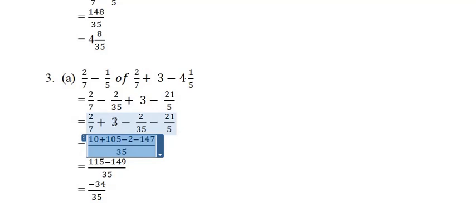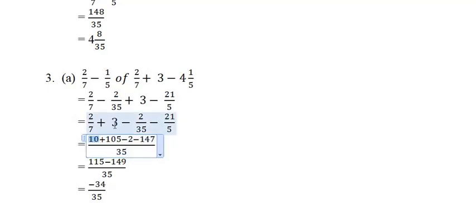Always remember that this 3 has an invisible 1 as a denominator. So you will take out the LCM of all these: 7, 1 which is invisible, 35 and 5. The LCM will be 35. Now 7, how many times is 35? 7, 5 times. So 5 twos are 10, we will include out here 10.